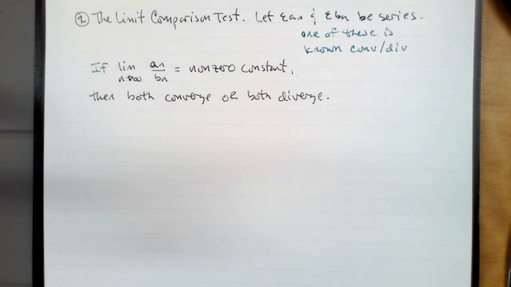An important thing to recognize about these tests for convergence is that with one exception, we have to know whether the series converges or diverges to run the test. We can't just be handed a series and say, well, I don't know what this series does, I'll do a comparison test, because you have to pick what you're going to compare to, which means you have to know if the series converges or diverges.